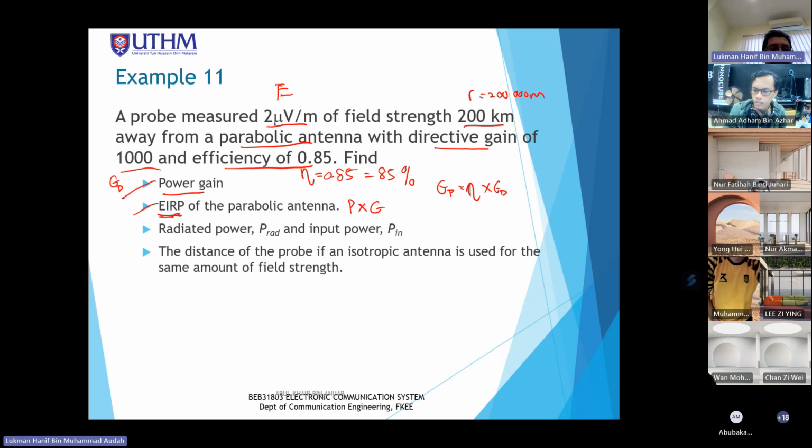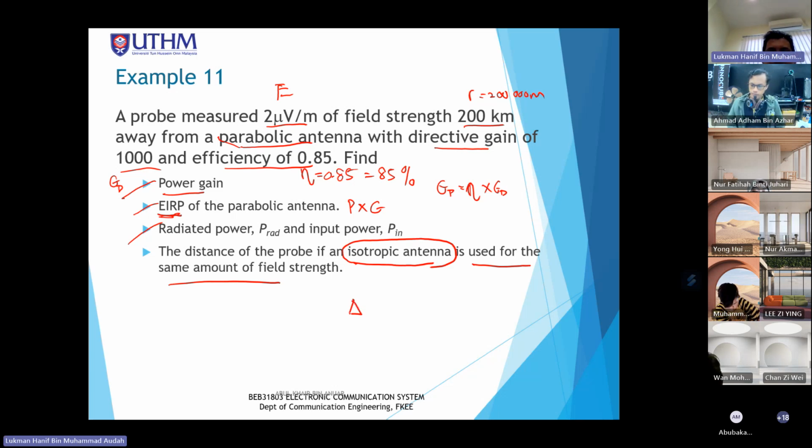The next question says to find the distance of the probe if we change to an isotropic antenna. Initially it is a parabolic antenna, now we change to an isotropic antenna, used for the same amount of field strength. Initially at 200,000 meter, we get this E field of 2 microvolt per meter.